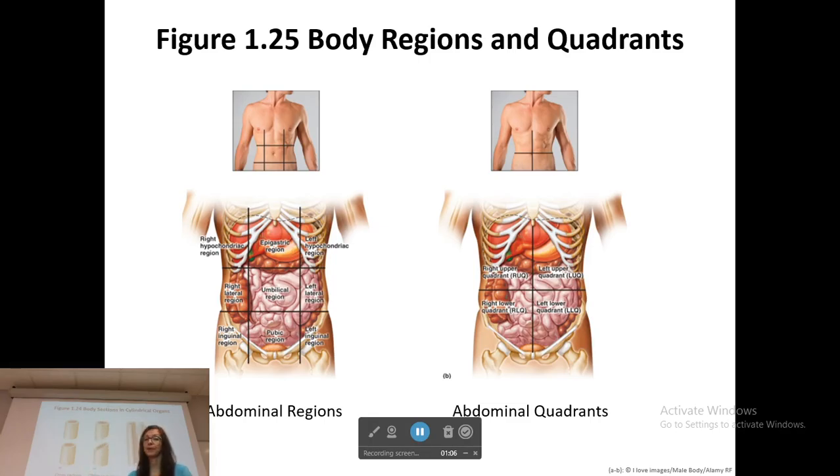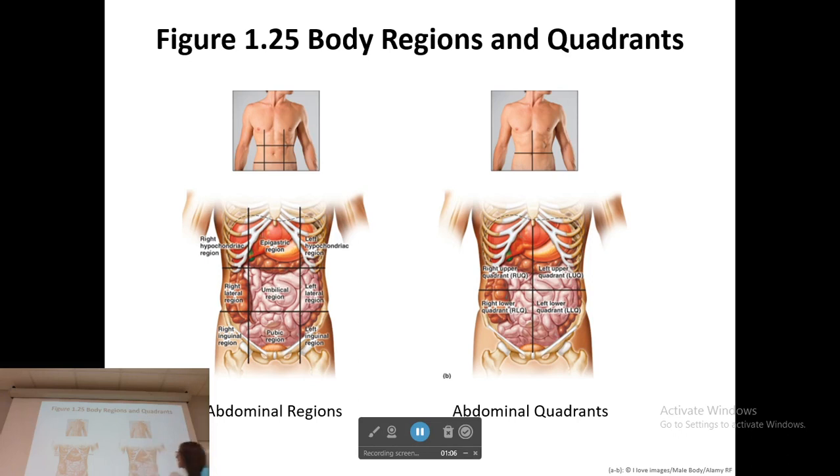Good question. Okay, so the next thing is the body regions and quadrants. So here, what does quad mean, first of all? Quad means 4.